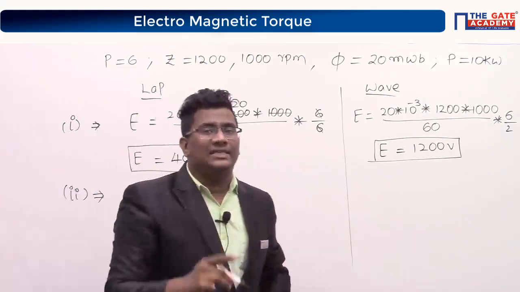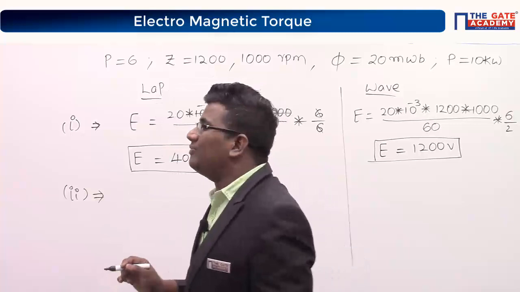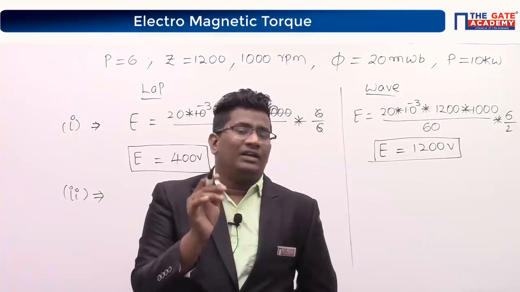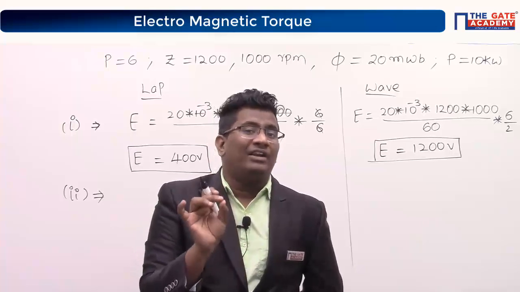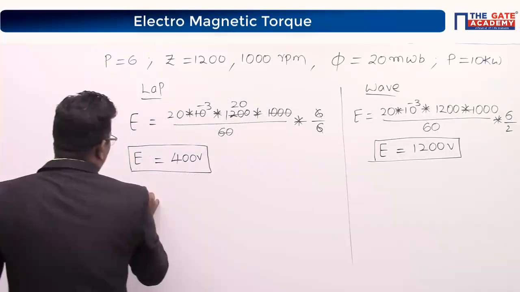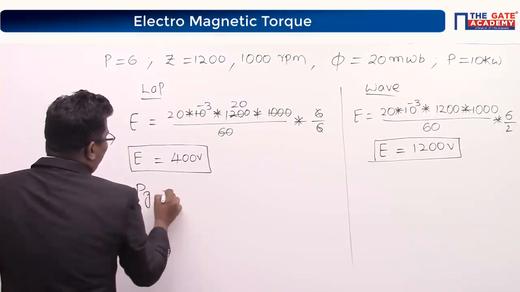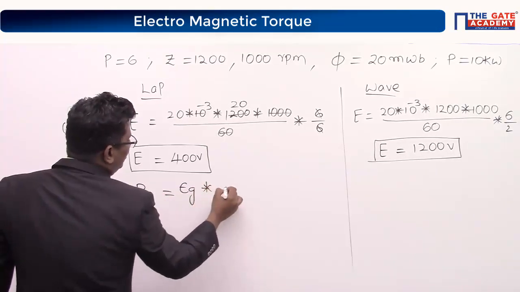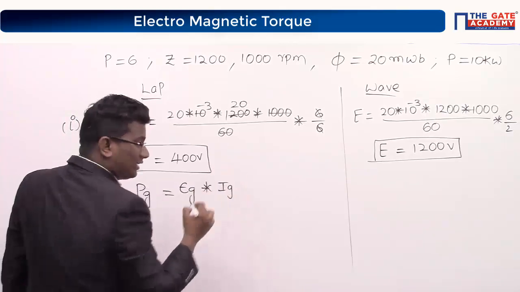Similarly, second one. Generated current he is asking, correct? Generated current means what? I told you yesterday we have done one calculation. Generated power is equal to generated voltage into generated current, correct?